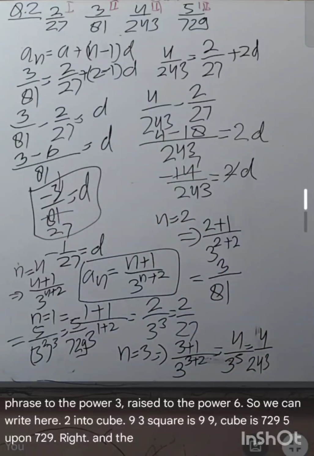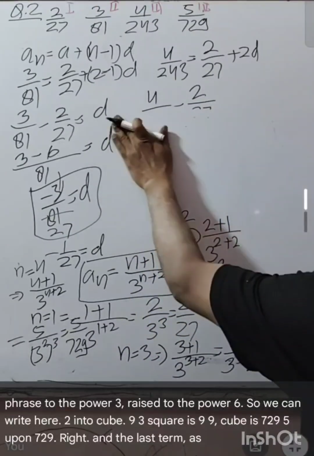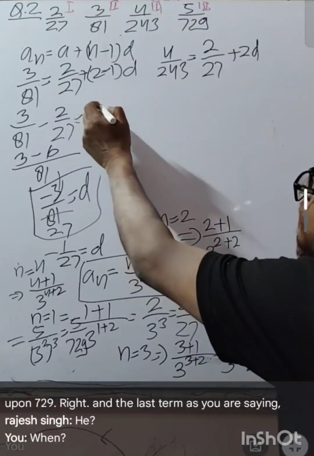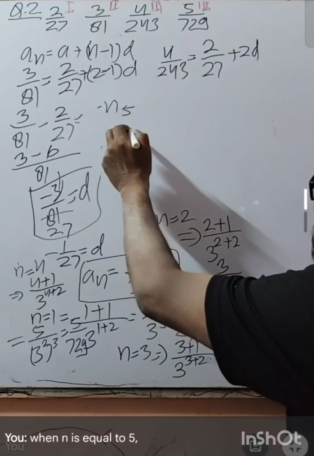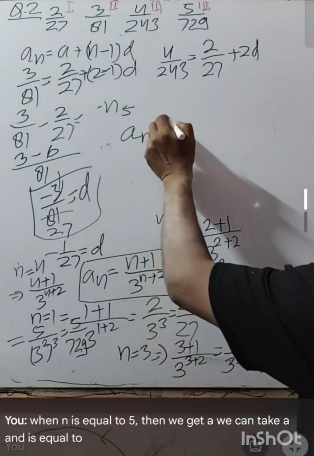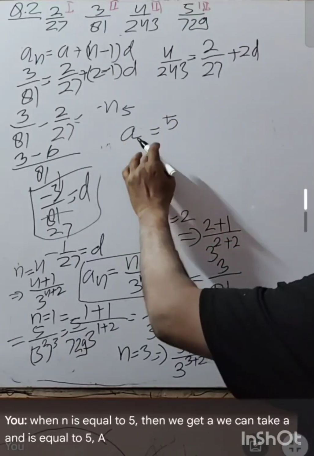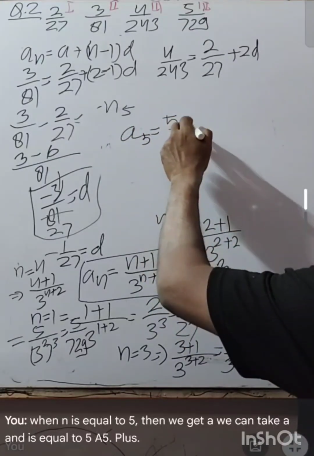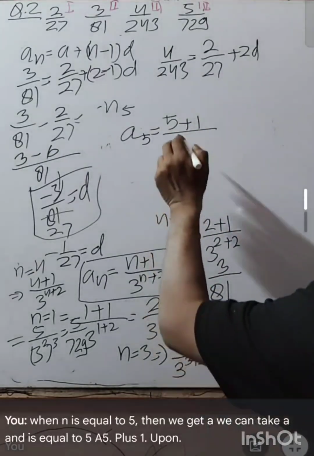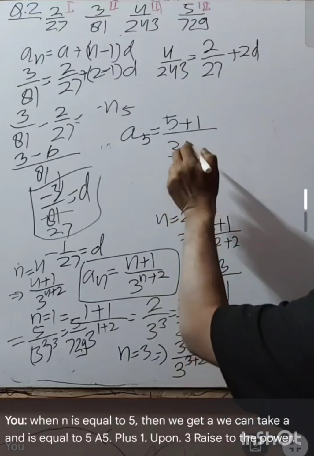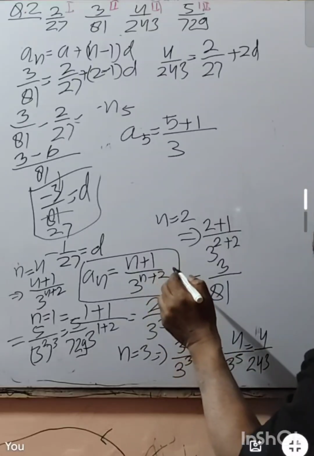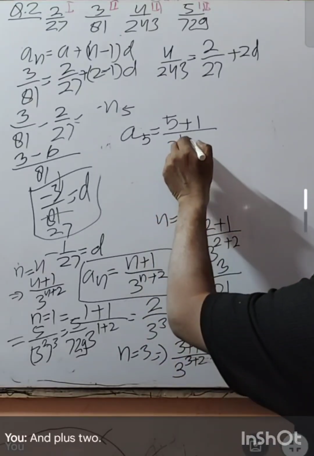And the last term, as you are saying, when n is equal to 5, then a_5 is equal to 5 plus 1 upon 3 raised to the power 5 plus 2.